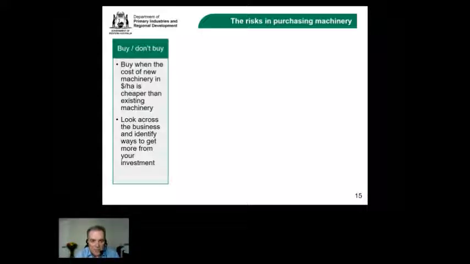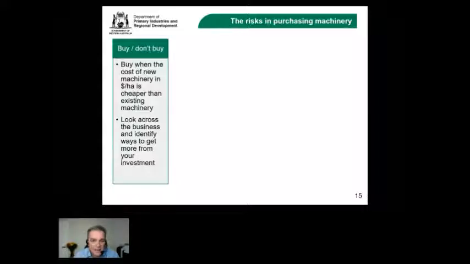And to do that, maybe we need to look at ways to optimize our use of that equipment and not have it idle for any excessive amounts of time. So multi-use equipment or contracting out equipment and earning money that way. So the key thing here is looking at the benefits outweigh the costs.